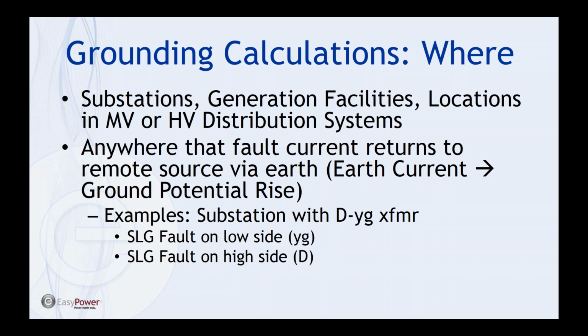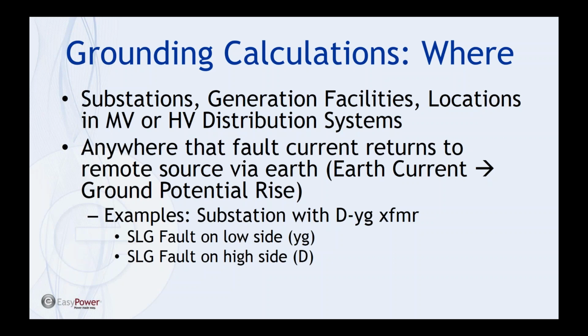So most of the fault current is going to return directly on your ground grid conductors and back to the Y ground of the transformer. This is not a remote fault, and because everything's local and flowing generally on conductors, you're not going to see much ground potential rise from that. So this is a situation where we're not generally worried.